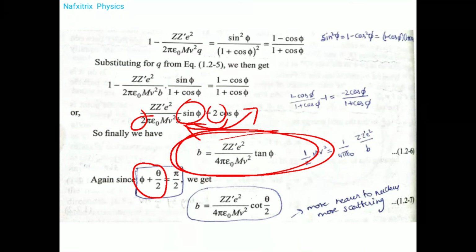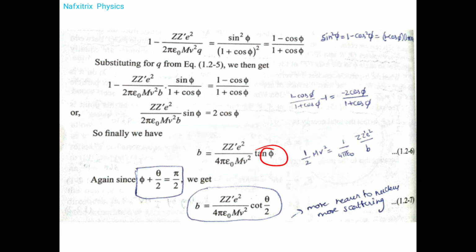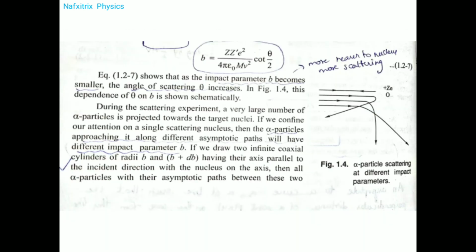Pi by 2 is nothing but 90 degrees. So phi is nothing but pi by 2 minus theta by 2. So in the place of phi, we need to replace it with 90 minus theta by 2. So tan of 90 minus theta by 2 is nothing but cot theta by 2. Tan of 90 minus theta is nothing but cot theta. So from that we are having this. So finally this is the impact parameter.